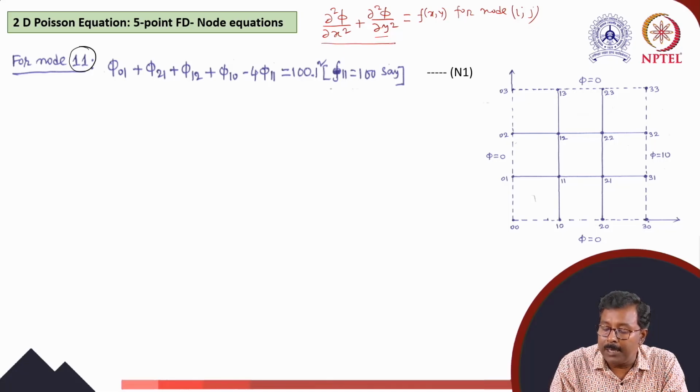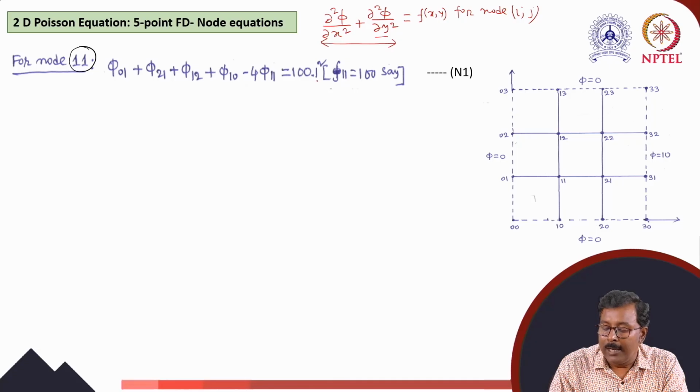So the left hand side of the full two-dimensional Poisson equation, we can write as phi 0 1 plus phi 2 1 plus phi 1 0 plus phi 1 2 minus 4 phi 1 1, divided by h square, that will be equal to f 1 1.